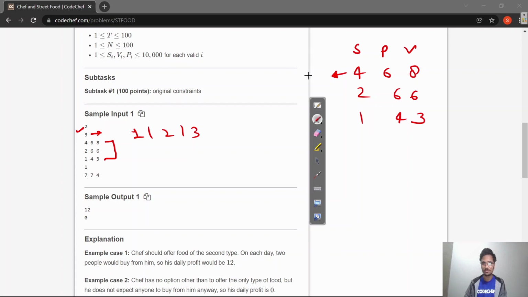S will be 4 plus 1, so there will be 5 stores. 6 people means 6 divided by 5, which is 1 person per store, and the value is 8. So 1 into 8, the answer will be 8 for this case.